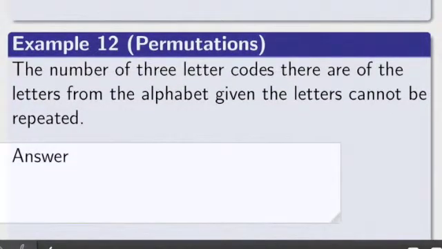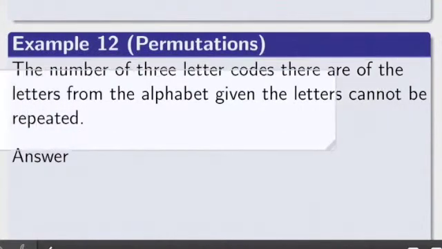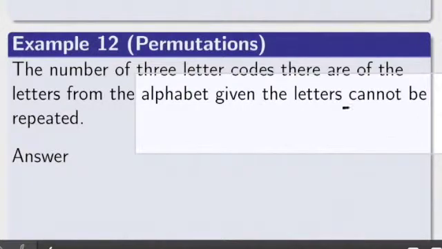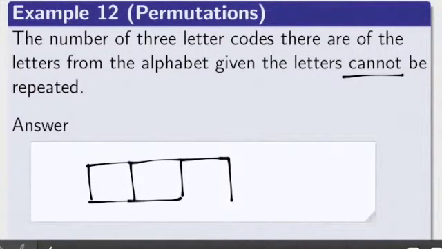Example 12, the number of 3-letter codes there are of the letters of the alphabet, given the letters cannot be repeated. So here we are after 3-letter codes, so let's draw 3 boxes. And the letters are not allowed to be repeated.